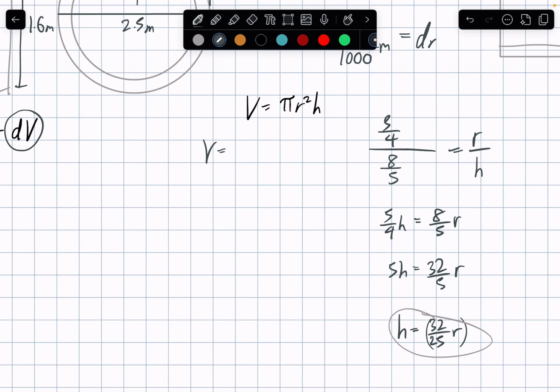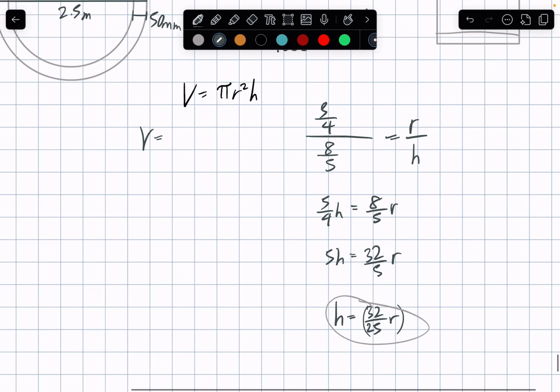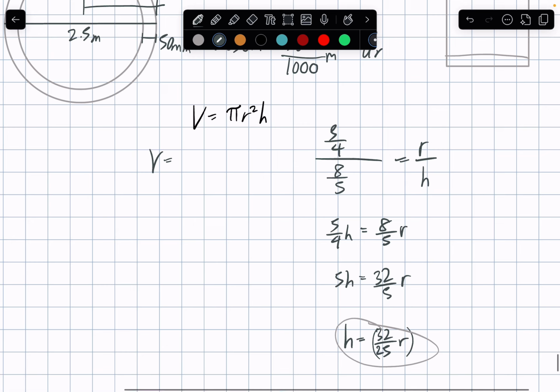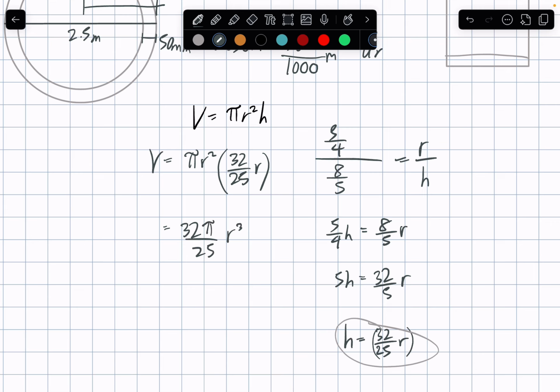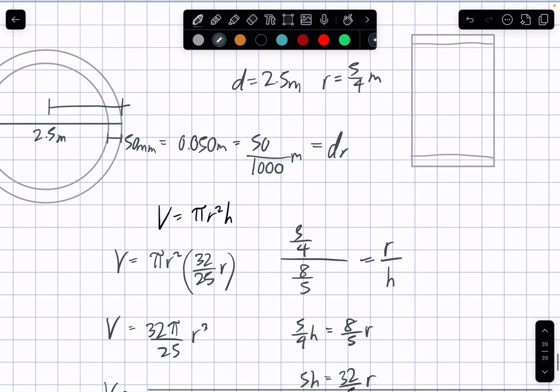Anyways, so we have pi r squared, and then h is going to be 32 over 25r. So that can also be equal to 32 pi over 25r cubed. That is our volume. We could actually look for the volume already.